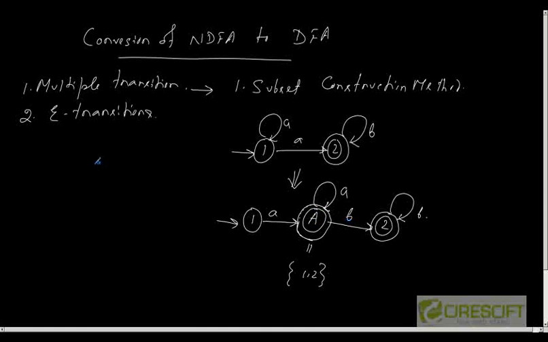Another is called empty transitions. How will we take care of empty transitions? So I'll start a new page. It's called empty transition handling. I need to give you one definition for handling empty transitions, that is called epsilon closure.